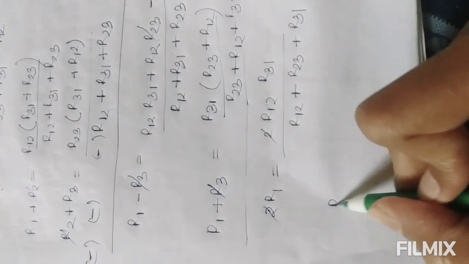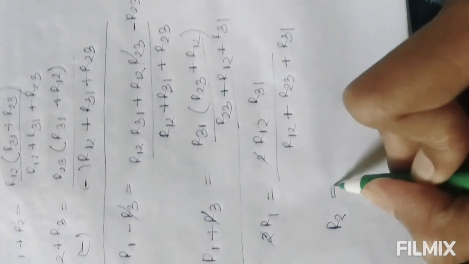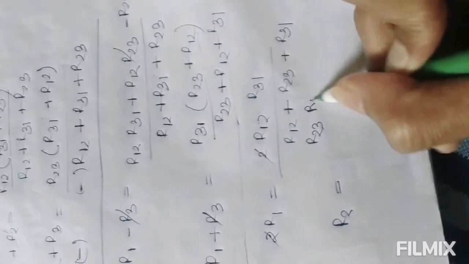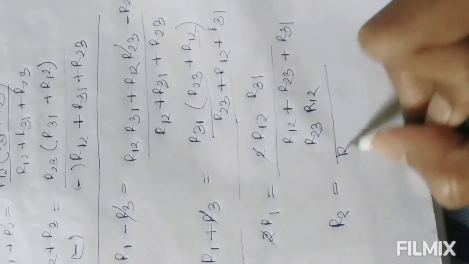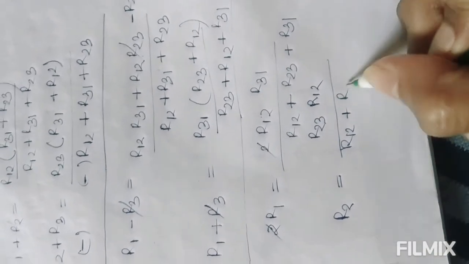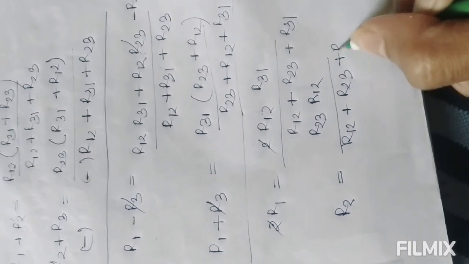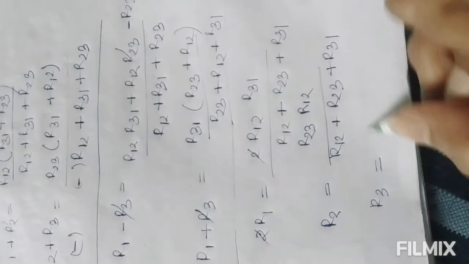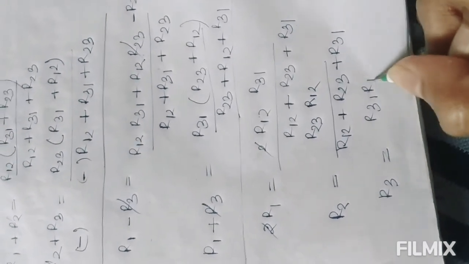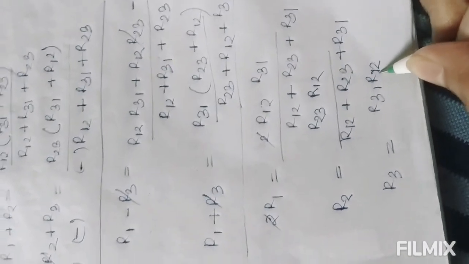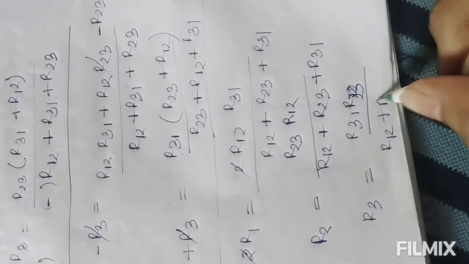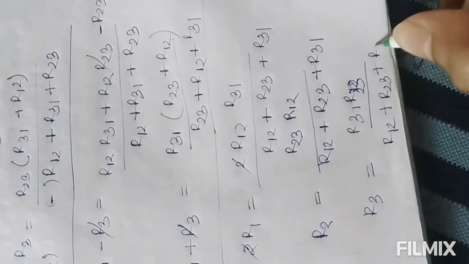Now we write R2 equal to R23 into R12 by R12 plus R23 plus R31, and R3 equal to R31 into R23, sorry, not R1, R23 by R12 plus R23 plus R31.